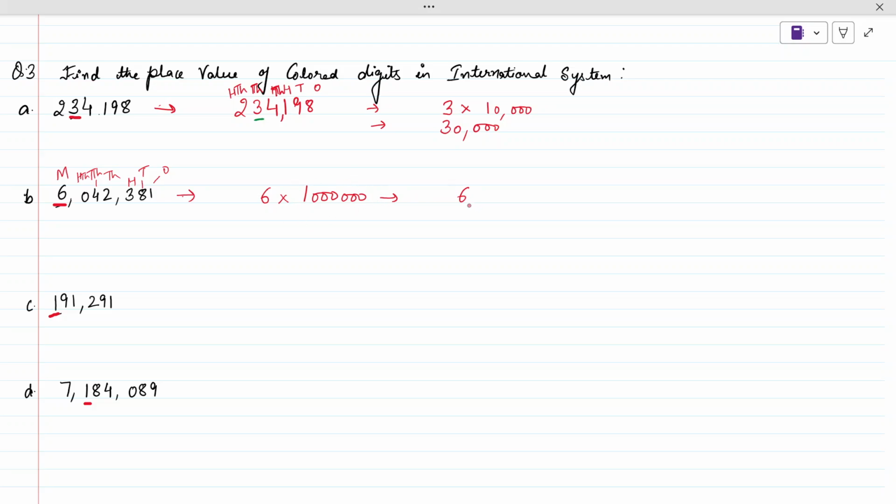This is 1 million, so this is 6 millions. 1, 2, 3, 4, 5, 6. 6 million is the answer.